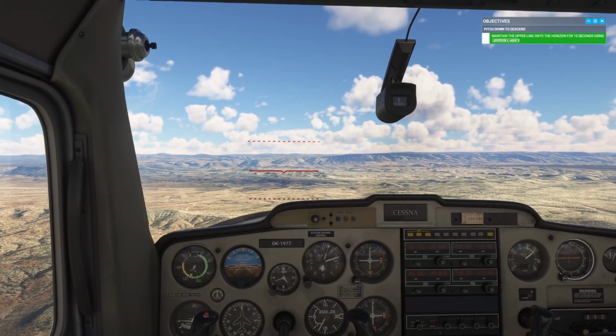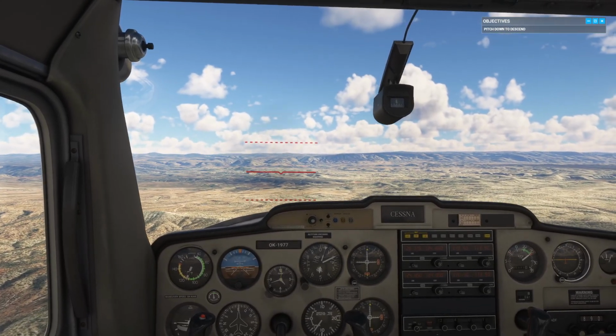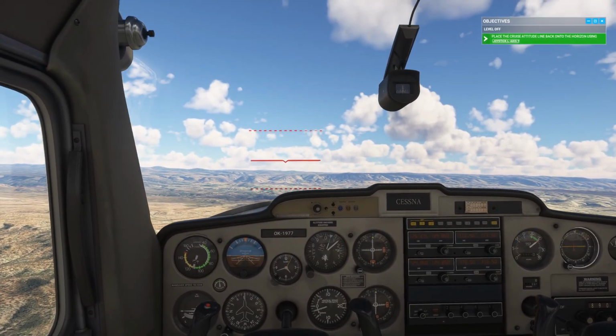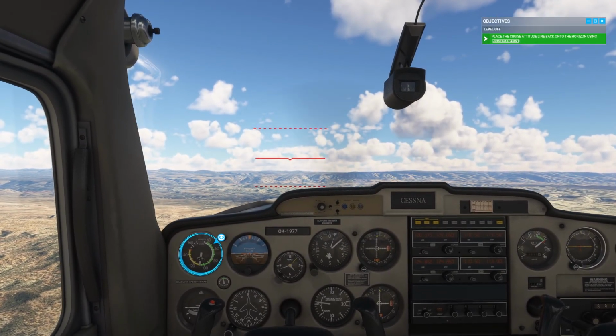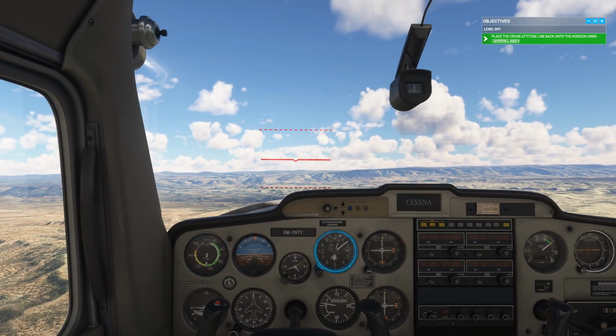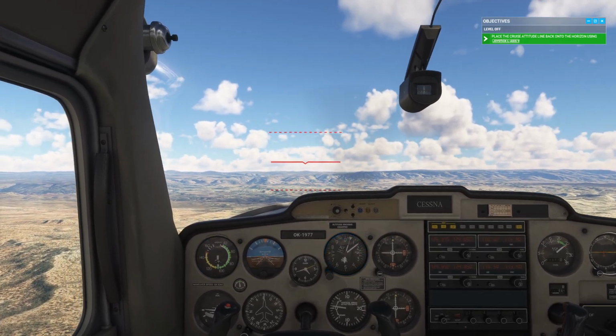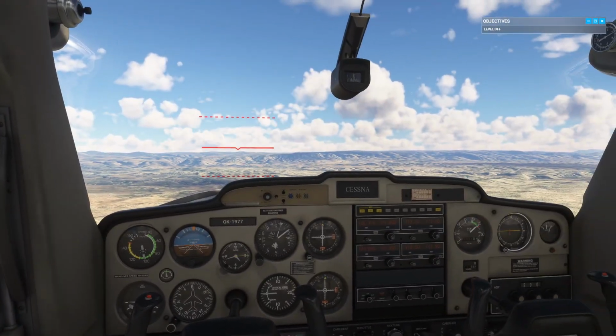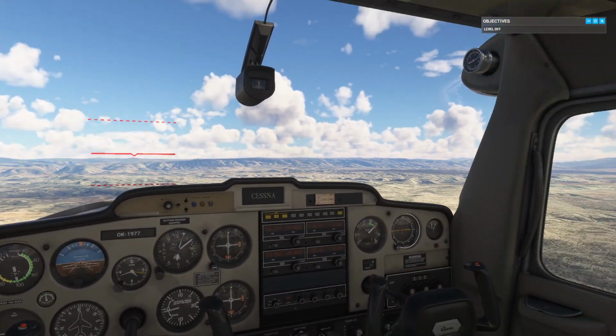Great. Okay, bring us back to level flight. Now your speed is decreasing and your altitude is stable. Nice. Try to make only small adjustments to your pitch to avoid overcorrection.